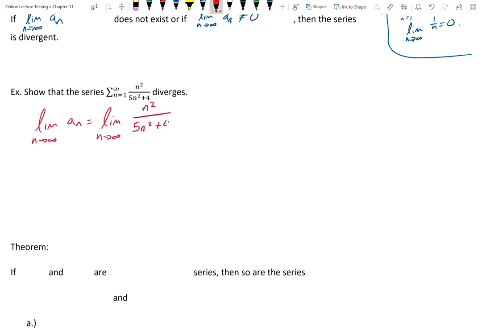Now, we see we're going to get an indeterminate form, but we don't want to have to find the function that fits this, even though it's easy: x squared over 5x squared plus 4. A nice thing is we can apply a very quick algebraic technique. The limit as n approaches infinity of 1 over 5 plus 4 over n squared, again divided by the largest power of n in the denominator. As n approaches infinity, this 4 over n squared goes to 0, and then we're left with 1/5.